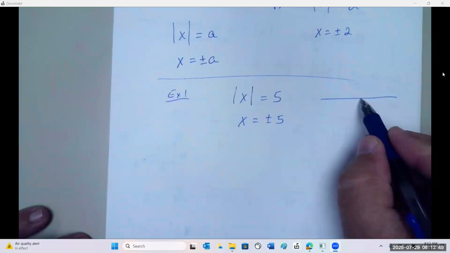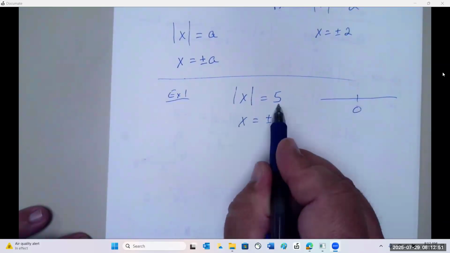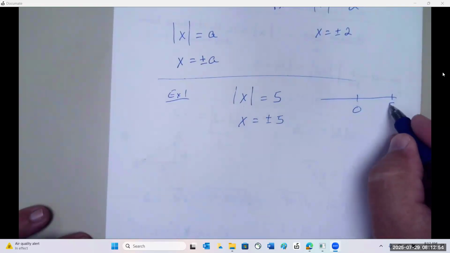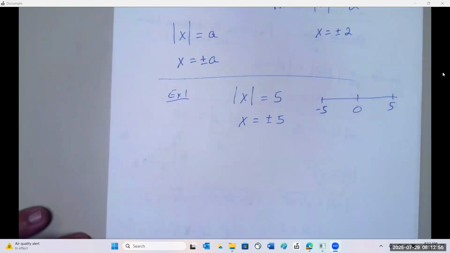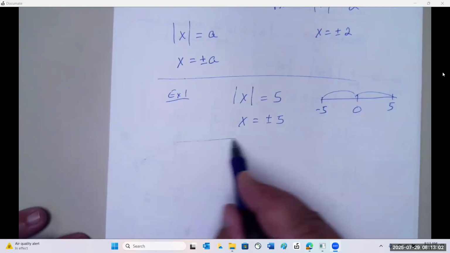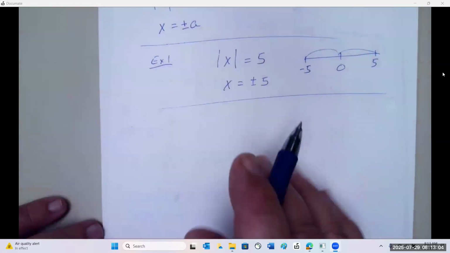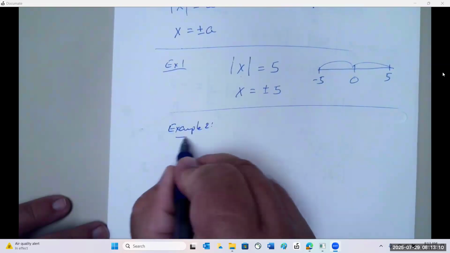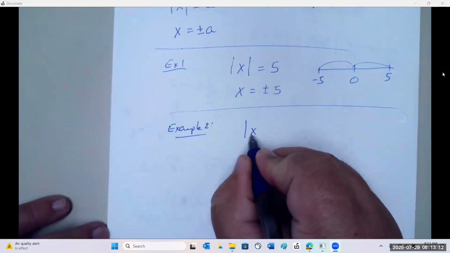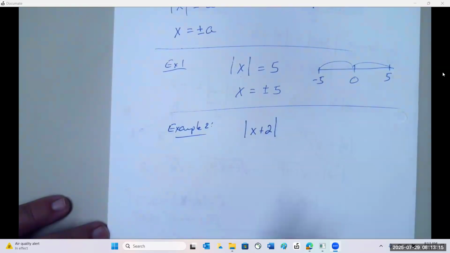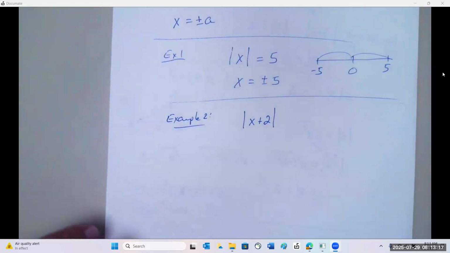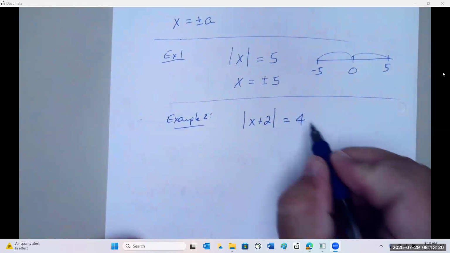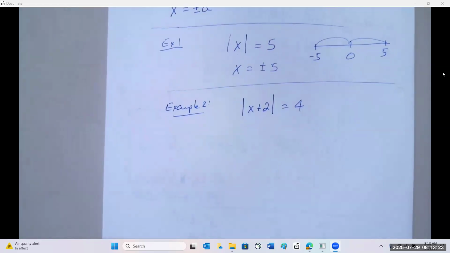Because all I'm saying is give me a number that's 5 units away from 0. It could be either of those. That's 5 units, and that's 5 units. The same logic applies with larger equations. I'm going to build up to this example. Solve for x.